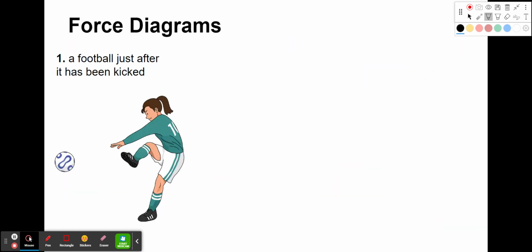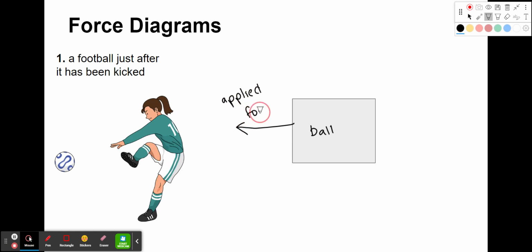We need to look at this idea of force diagrams and think about how we can draw these forces in these particular scenarios. So let's think about a football just after it's been kicked. Now, I always like to start off with a box. And we know that this is a football, so I'm just going to write ball inside the box. Now, it's just been kicked. So there'll be a big applied force to the ball just after it's been kicked.